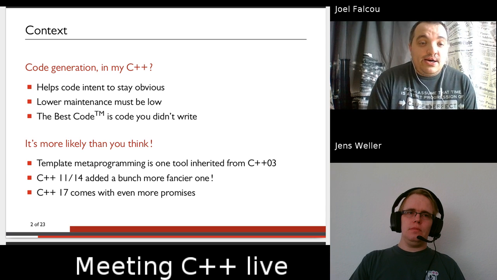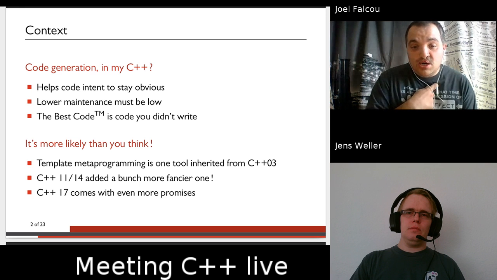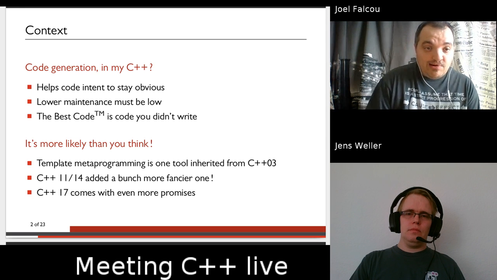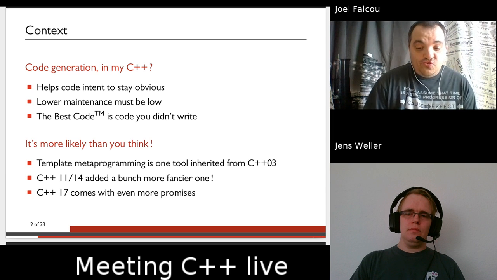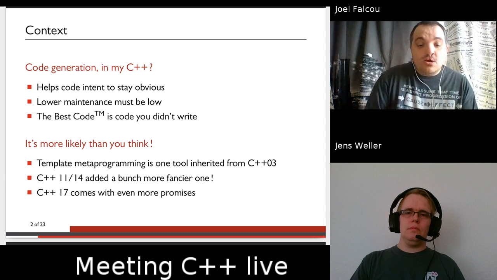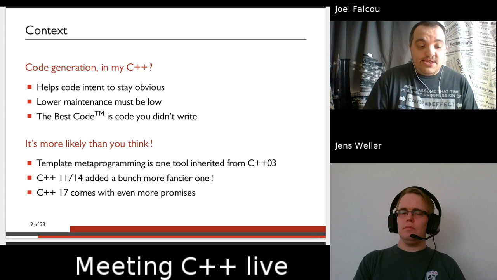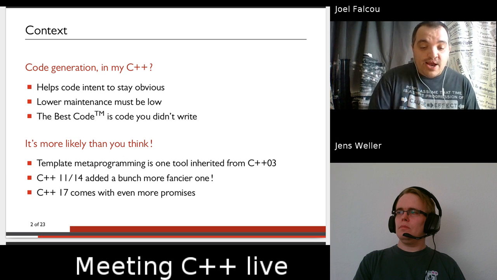And C++14 continued in this direction by adding more and more support for things that are not solely for the purpose of metaprogramming. That's where I think the elegance of it is.